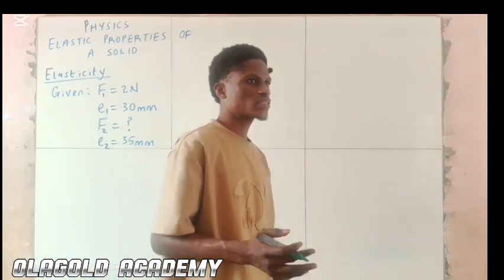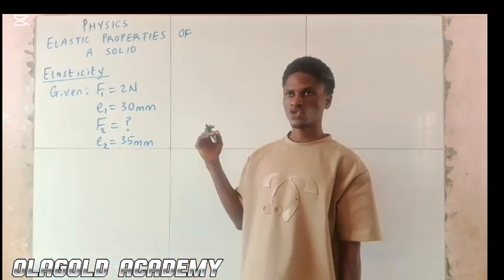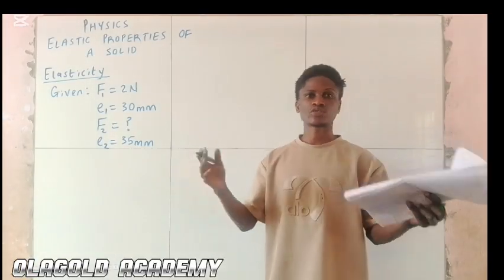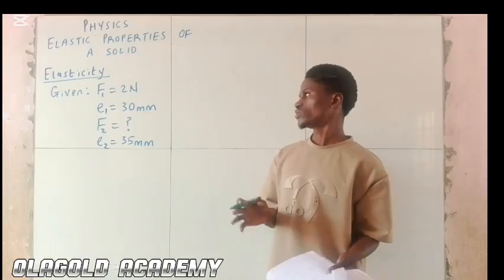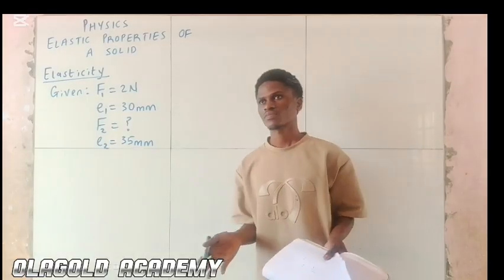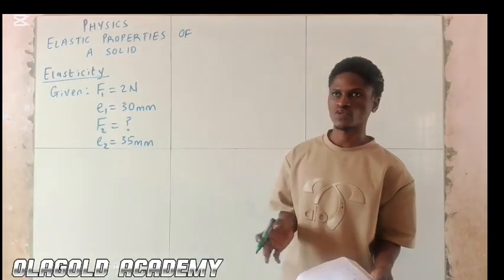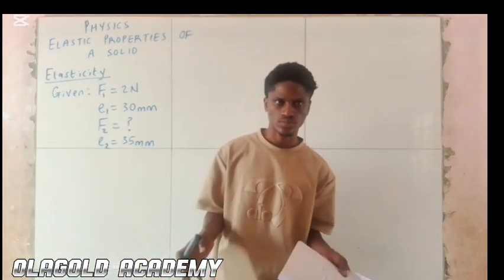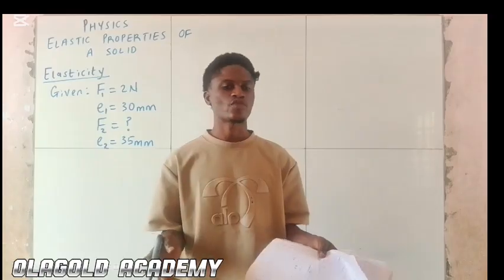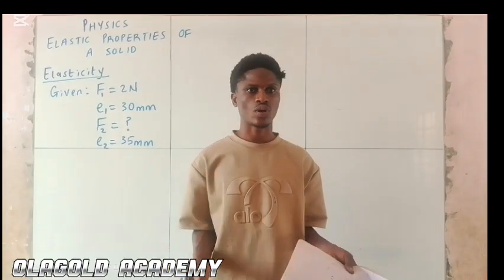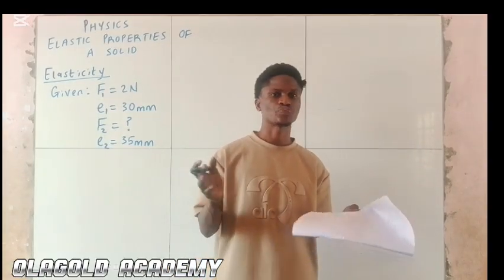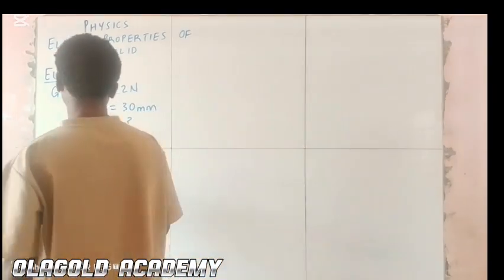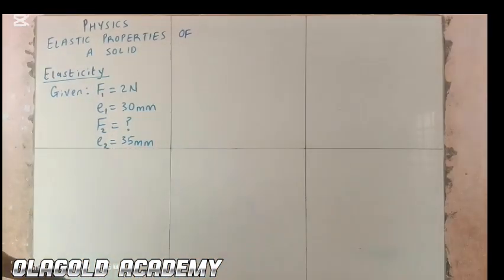My best formula to make use of when it comes to questions like this that has to do with 1 and 2, like F1, E1, is to bring it in terms of those gas laws, where we have, for example, Boyle's law as P1 V1 equals P2 V2. Let's say we can derive the formula for this.